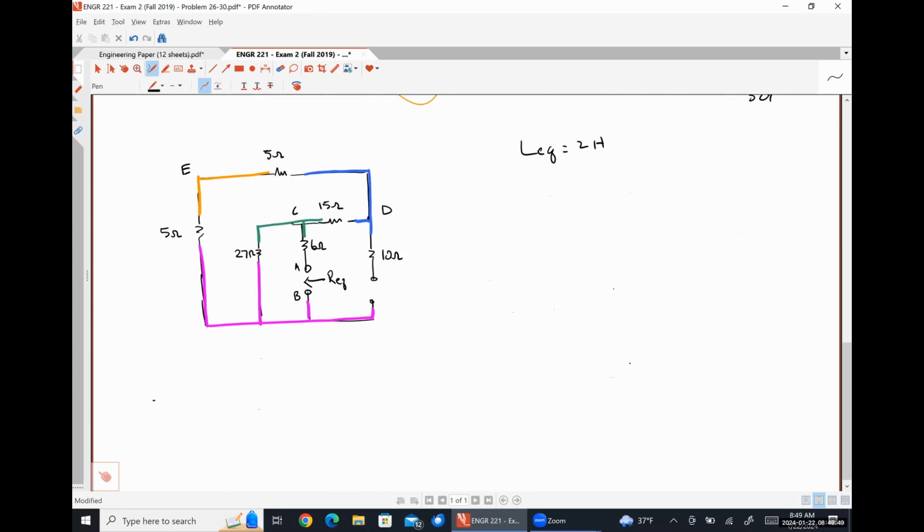All right, so here's A on this side, here's B on this side. To go from A to B, I definitely have to go through C. So let's put C right here. This is that 6 ohms of resistance. Now I can go from C to B directly through the 27 ohm resistor. So let's put that guy here.